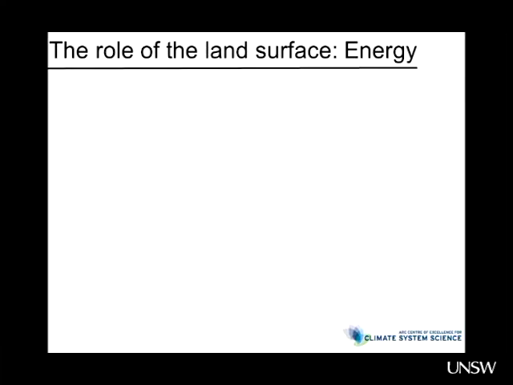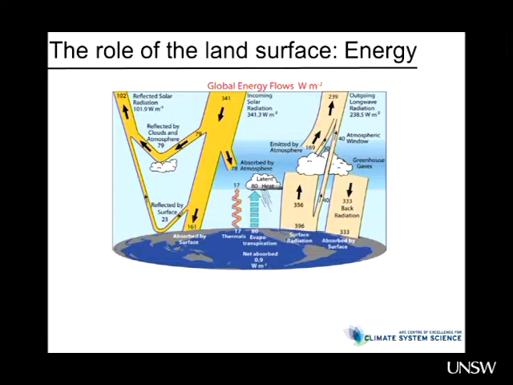So, the role of the land surface. Energy, which is what you're all feeling at the moment because you're all energized. You should recognize this figure. It's the basic global flow of energy from the sun, from infrared. We're interested in 3 bits. We're interested in this bit here, which is the way the land interacts with received solar radiation and reflects some of it.